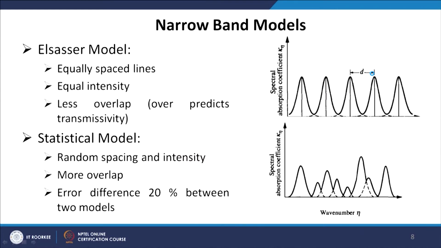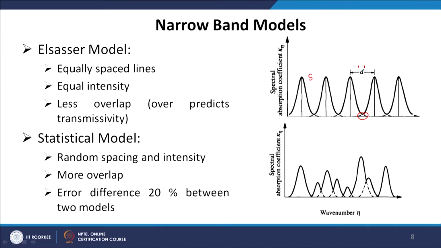The Elsasser model assumes that the lines are equally spaced and have equal intensity given by S. The intensity of the line at the center is S, and the distance between lines is d, the separation between two lines. So, the Elsasser model is a very simple model which assumes that all the lines in a band are of the same magnitude and the same separation distance d.